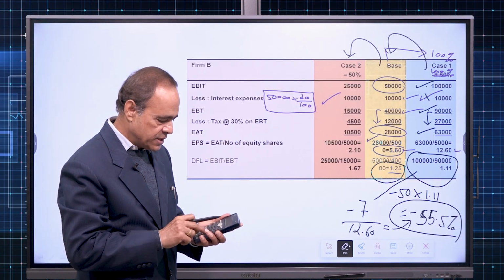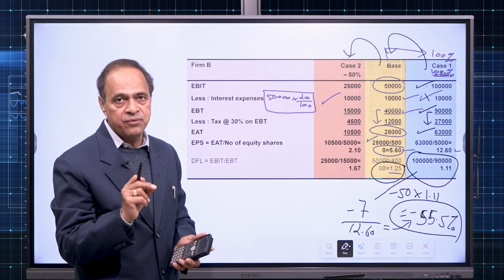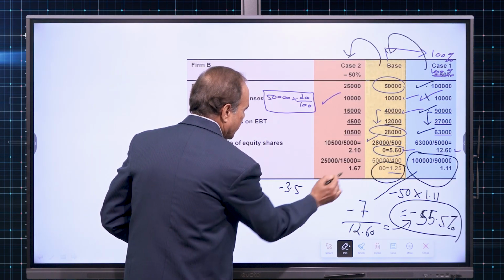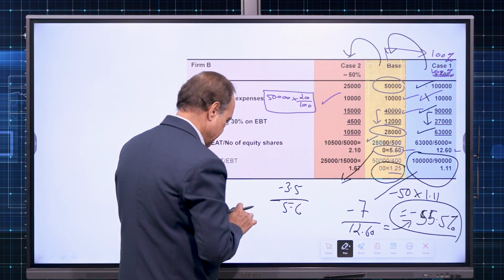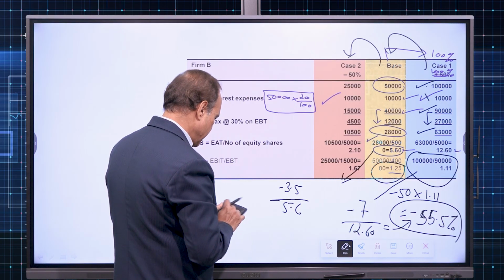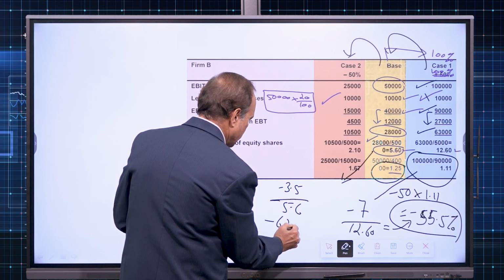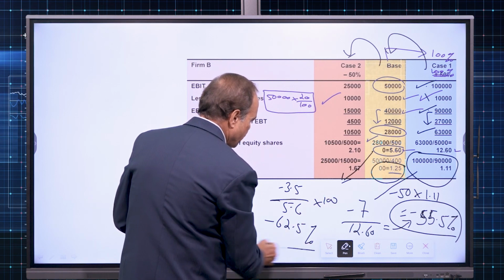So 5.6 minus 2.1, it has declined by 3.5. We are talking from this to this, 3.5 over 5.6, we get negative 62.5%. Obviously, multiply with 100, you get the answer in percentage.